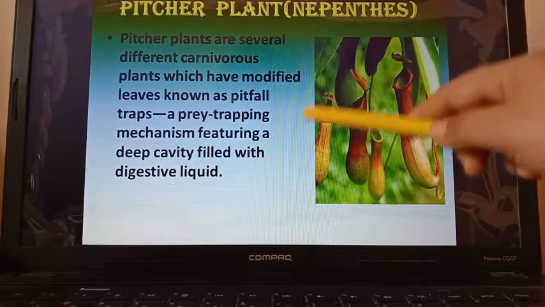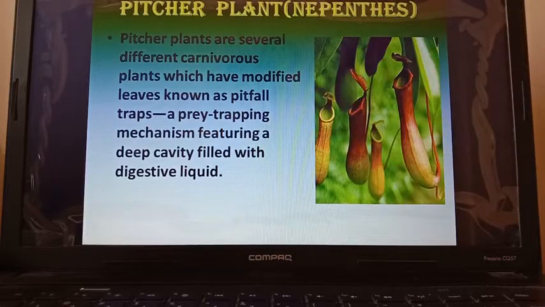You can see, students, these structures look so attractive and they produce nectar also. By seeing the structure or by the smell of this nectar, the insects get attracted to this structure.